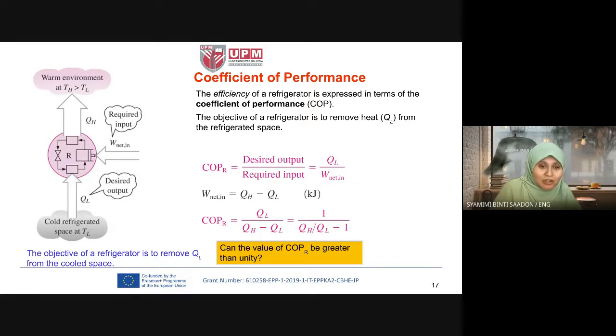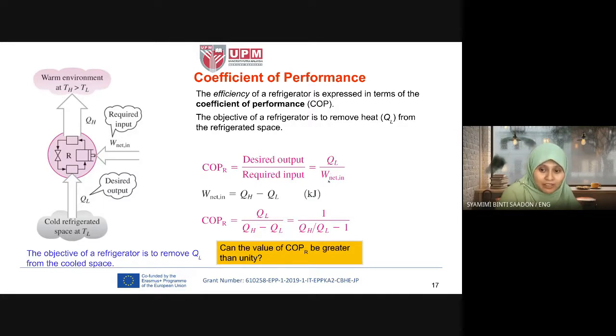Our desired output is not the work produced, the electricity. Our desired output is the cold refrigerated space. So the desired output this time is not the net power output. It is QL, the heat from the refrigerated space. Our required input this time is not the heat source.